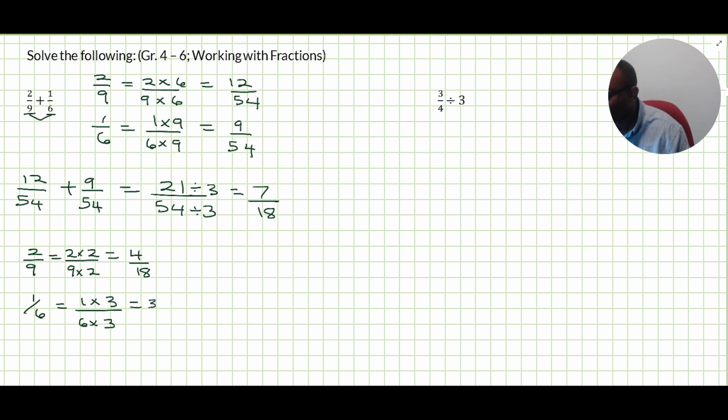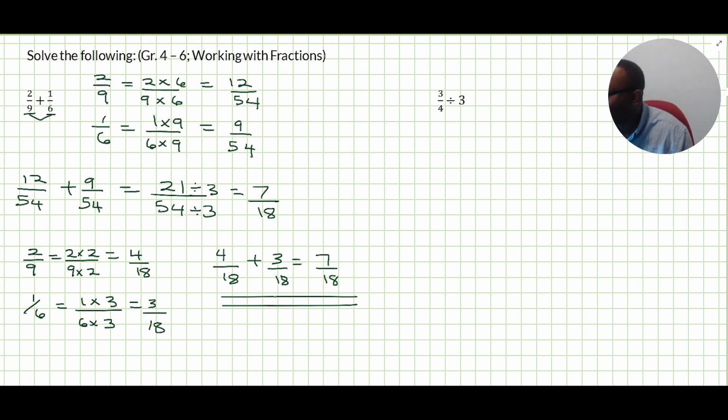So you now have 3 over 18. So this is going to give you 4 over 18 plus 3 over 18, which is equal to 7 over 18. This is the benefit of knowing how to find your least common multiple or your least common denominator.